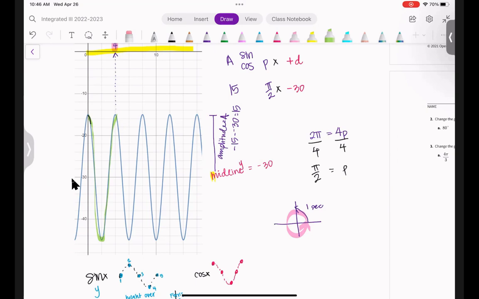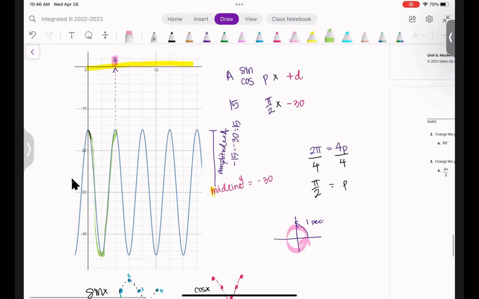Yeah, he has to be cosine. So I'm just going to write cosine in here. So this is cosine here. And there's my function, cosine of 15 cosine pi over 2x minus 30. And I'm just going to add parentheses here to grab all that.